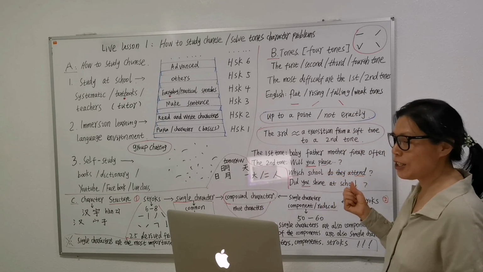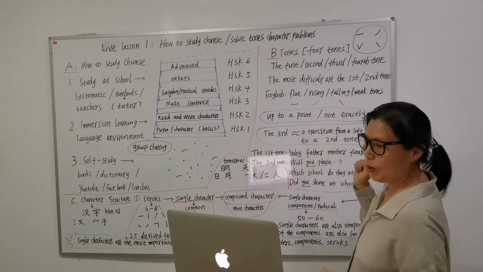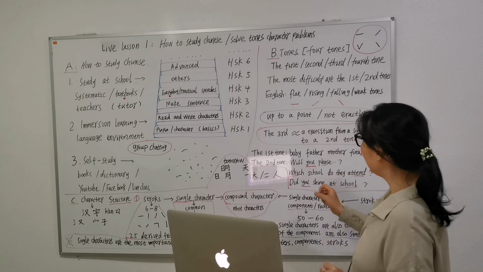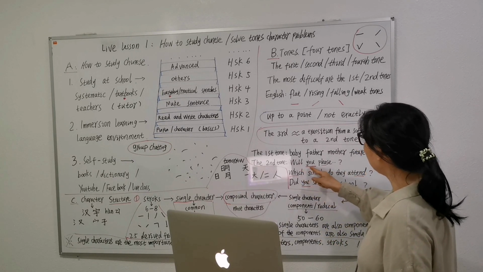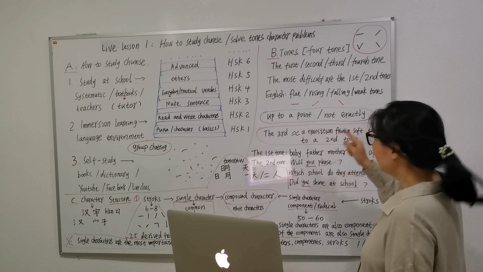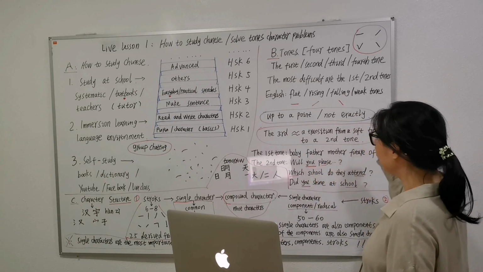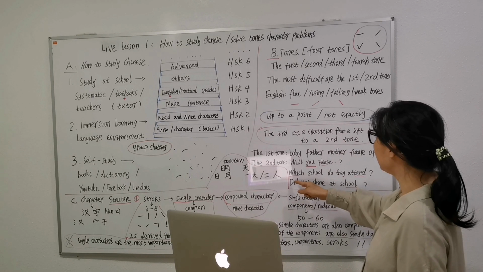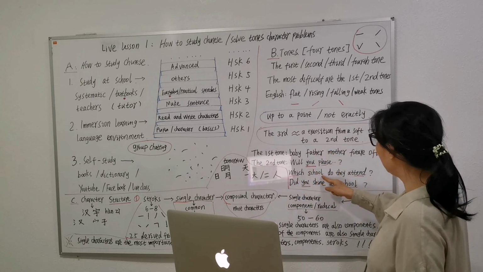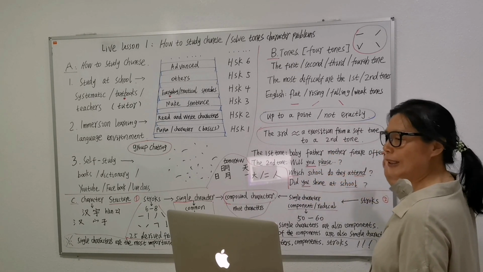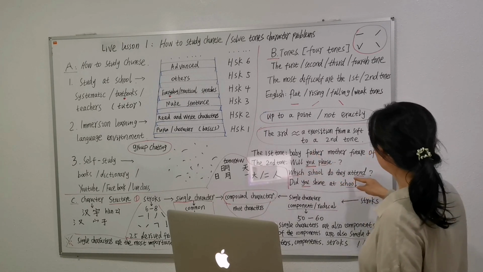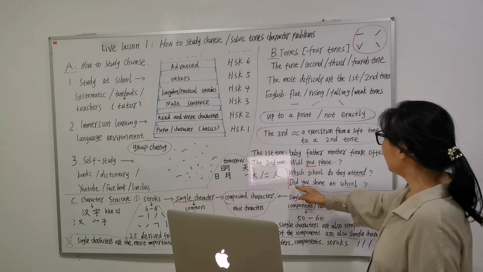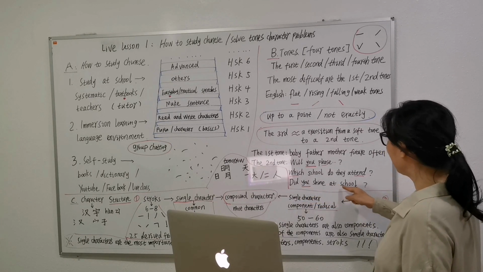Now we change to rising tone. You can find more second tone. Look, will you please? Will you please? You. And this, which school do they attend? Which and attend. This, did you shine at school?